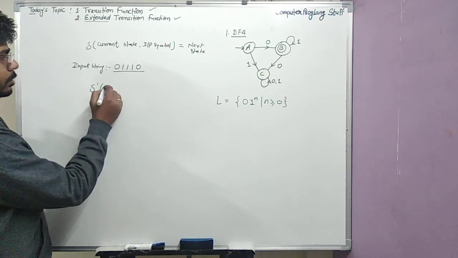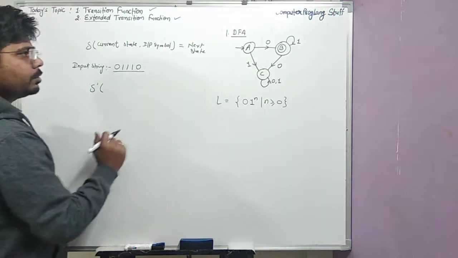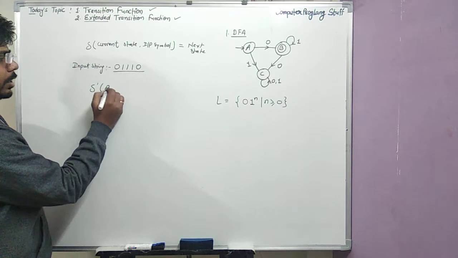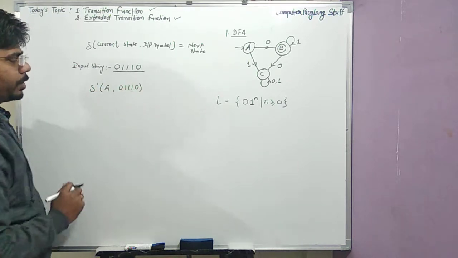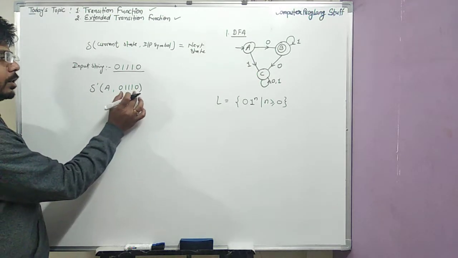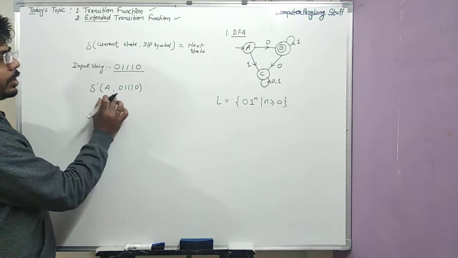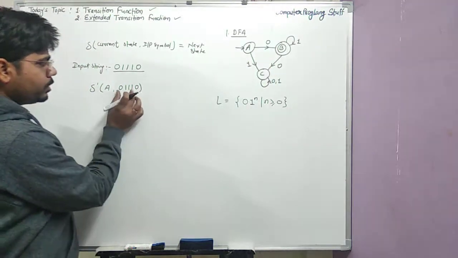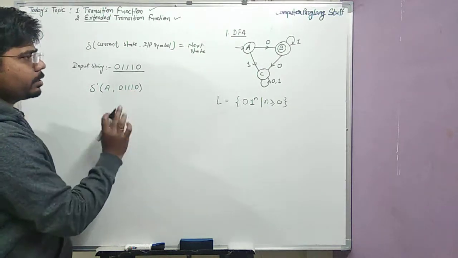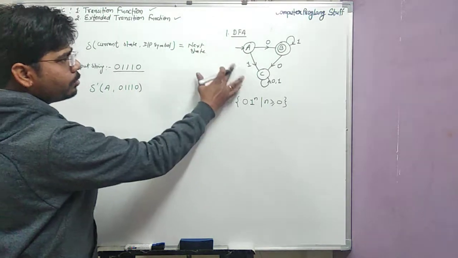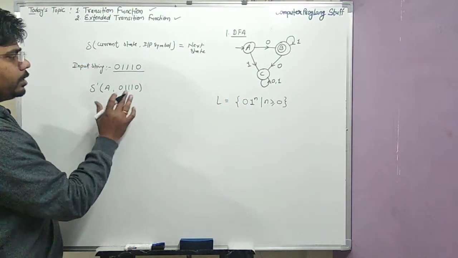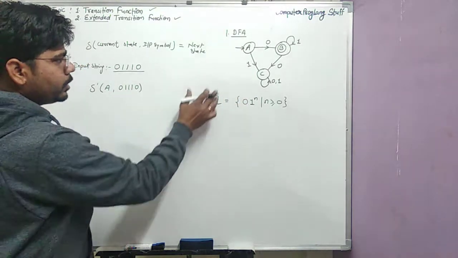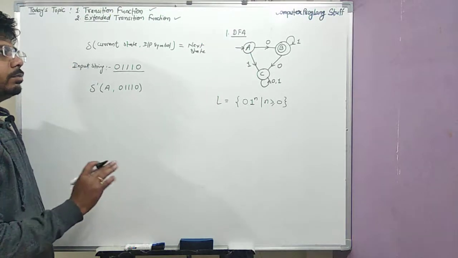We will always start from the initial state A, with 0 1 1 1 0. After scanning the whole string, if we reach state B, that means this string is a part of the language. Else if we reach some non-final state, that may be C, then in that case you can say that this given string is not a part of the language.